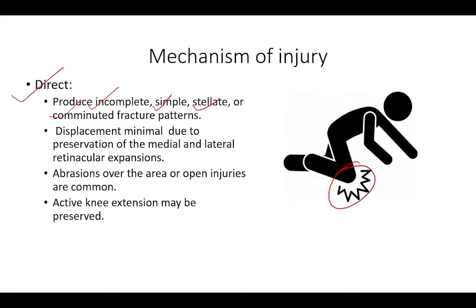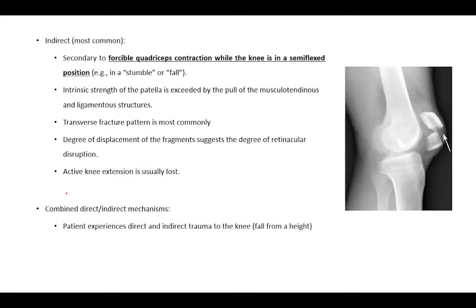The displacement in this case is minimal due to preservation of the medial and lateral retinacular expansions, which do not allow the fracture to displace. There may be abrasions in the area, or open injuries may also be seen because of the superficial nature of the patella, and active knee extension can be preserved in these cases.